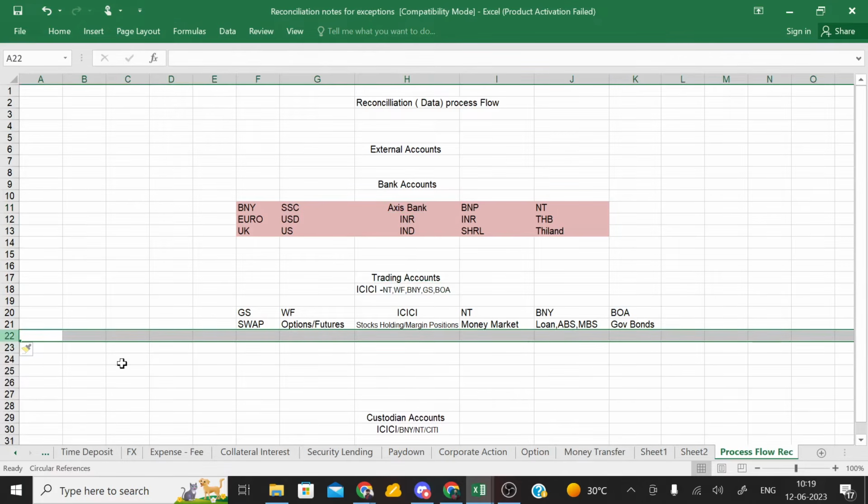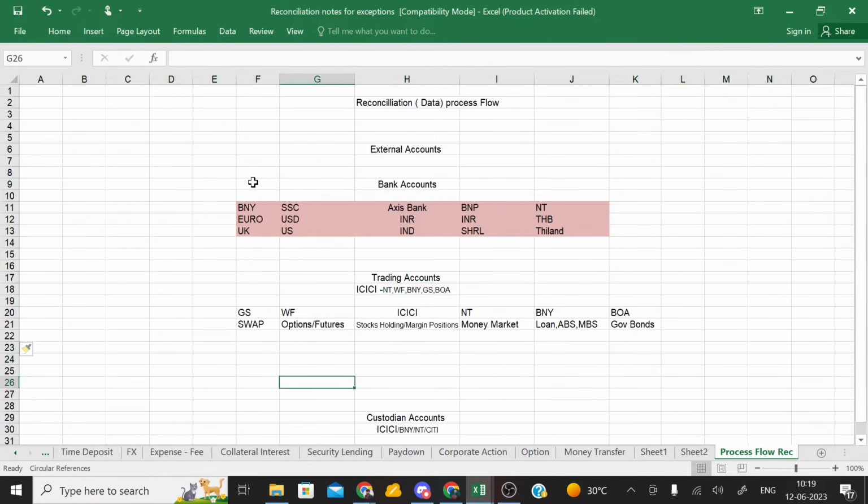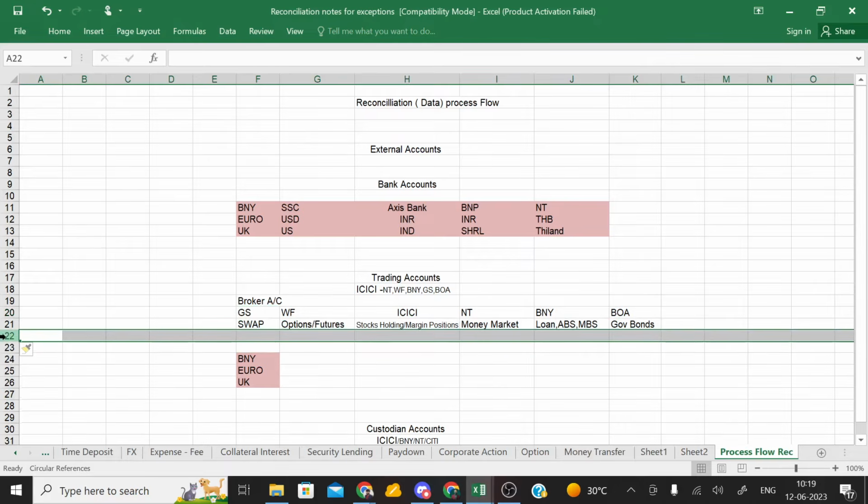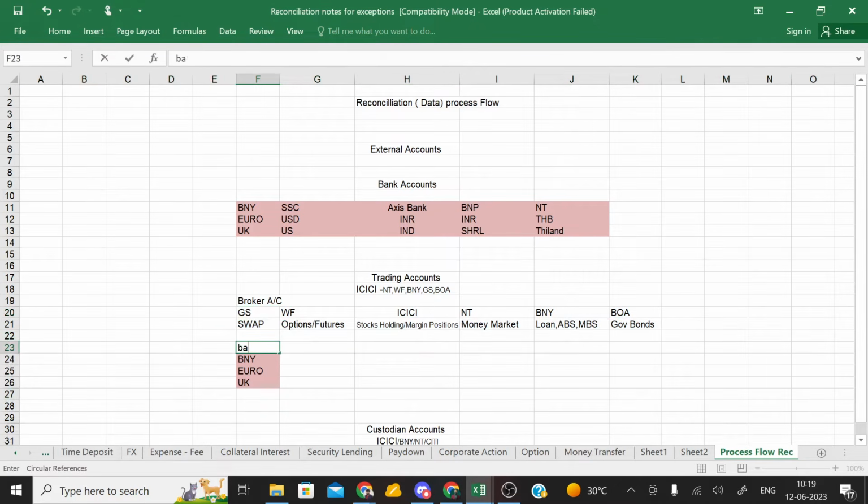Right? But again, account mapping, if we want to discuss, let's say under GS, they have mapped a broker account and a bank account.